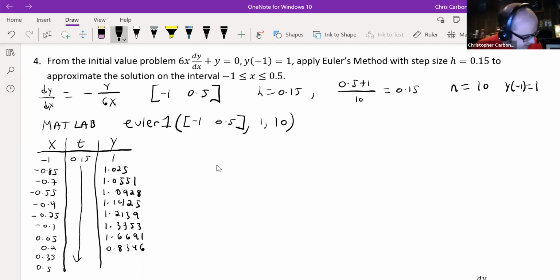For 0.35, that was 0.73, not a 7, 0.7302. And then for 0.5, that was 0.6781, which corresponded to that MATLAB output.